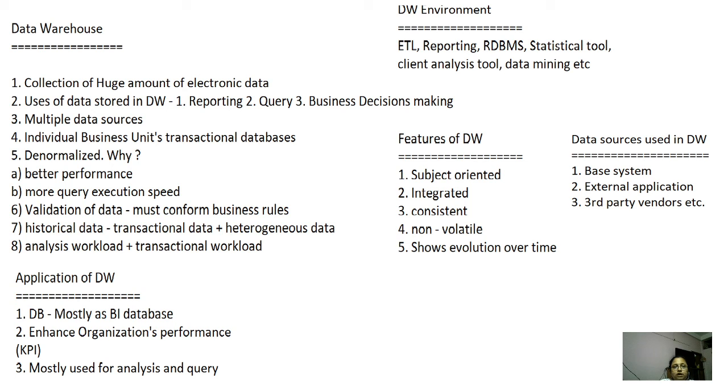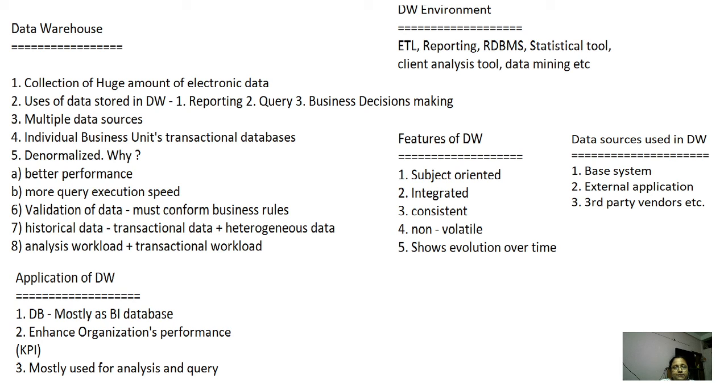Why do we use denormalization in a data warehouse? So that we can get better performance and get the result in a quicker amount of time. This way, query execution speed is much higher if we prefer denormalization. The data that we are going to store in the data warehouse must have passed some validation rules.